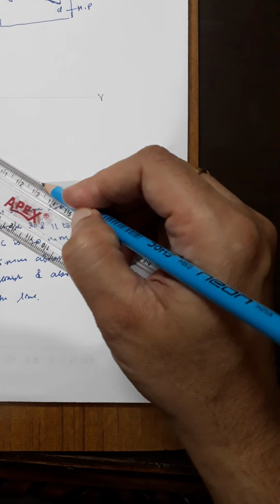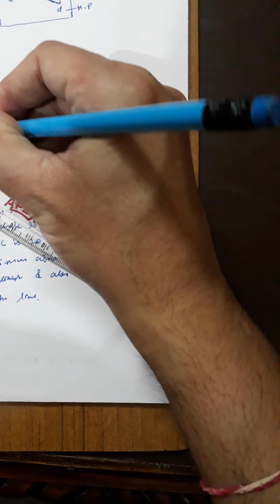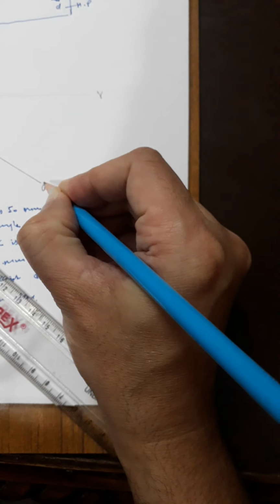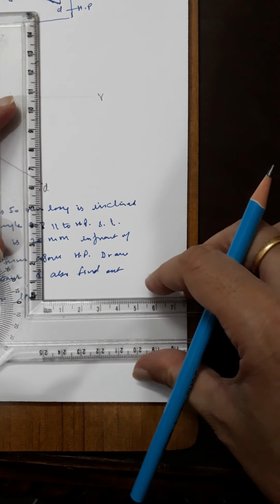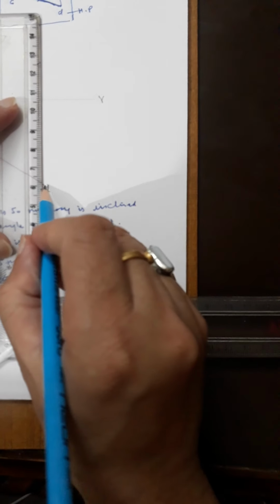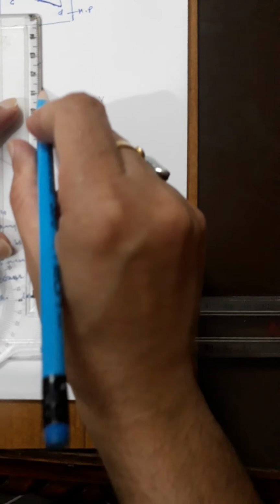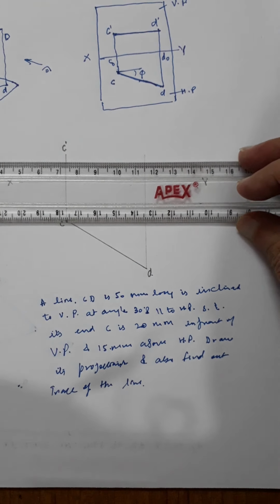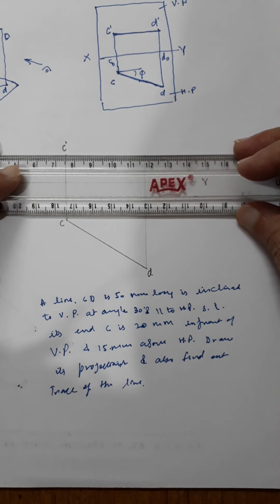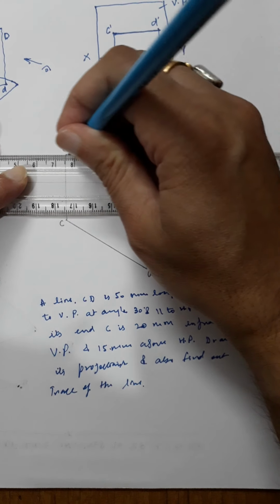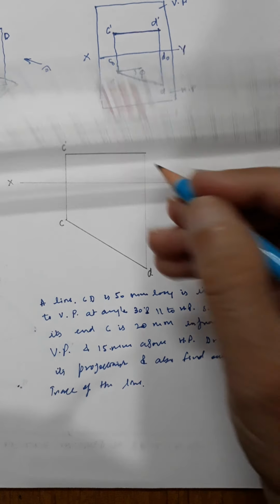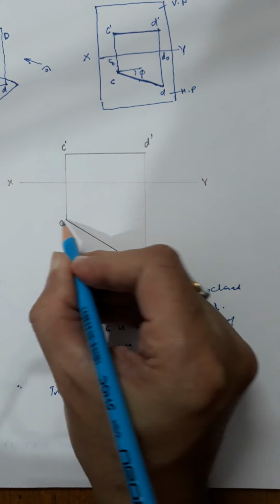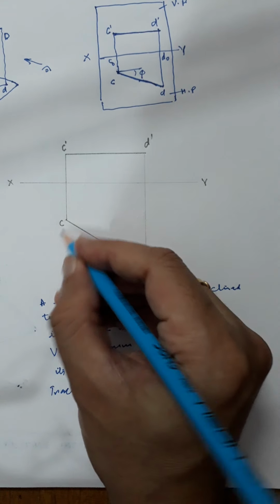This is how you find D in the top view. Simply project it vertically with a thin continuous line as the projector, and this is your front view. You get D dash here. You can also mention this angle phi as 30 degrees and this length as 50.